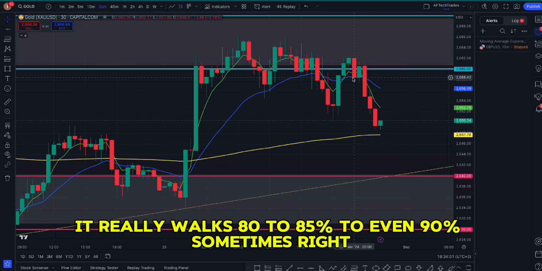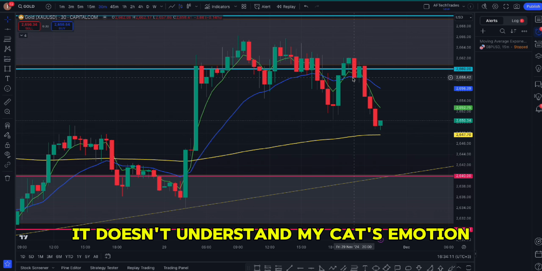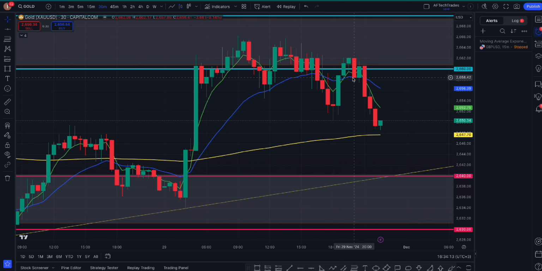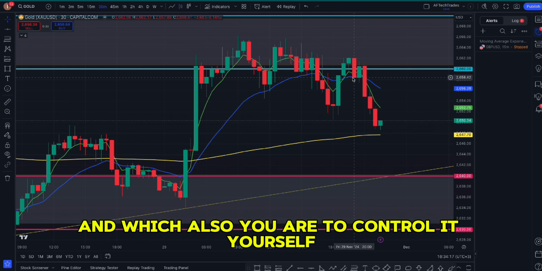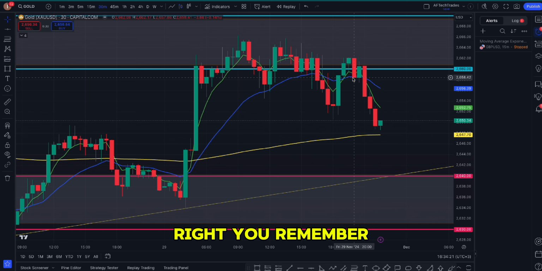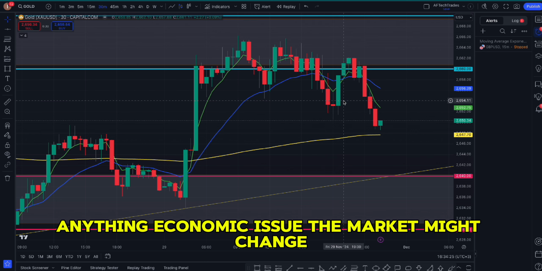Another thing you need to know is that it doesn't understand market emotion. It doesn't concern ChatGPT whether there is market emotion, so you are to control it yourself. Remember, if there is a geopolitical or economic issue, the market might change and this analysis will be invalid.